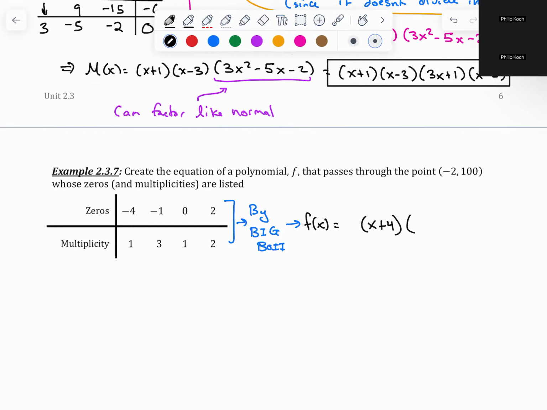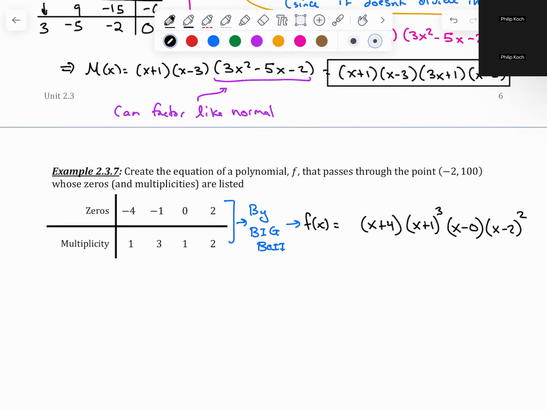So x plus 1, right? x minus negative 1 should be a factor. It's x plus 1, and that has multiplicity 3, so it has an exponent of 3. Then we know that x minus 0 will also be a factor because 0 is a root of the polynomial, and that has multiplicity 1, so it'll just be raised to the first power. And last but not least, we know that x minus 2 will also be a factor, but it's got multiplicity 2, so it's raised to the second power.